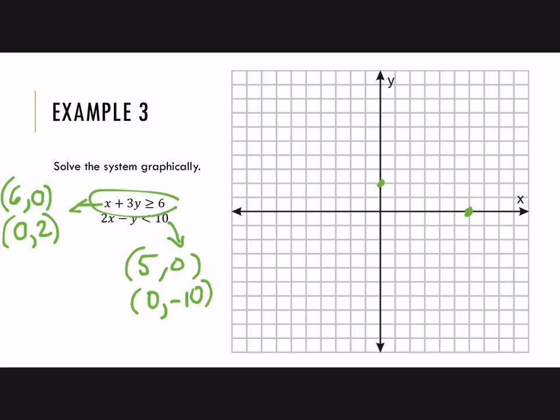This top line is a solid line because it's a greater than or equal to symbol. And this one is the slope of negative 1/3, down 1 over 3. So I'll fill in a few more points here. Okay, there we go.